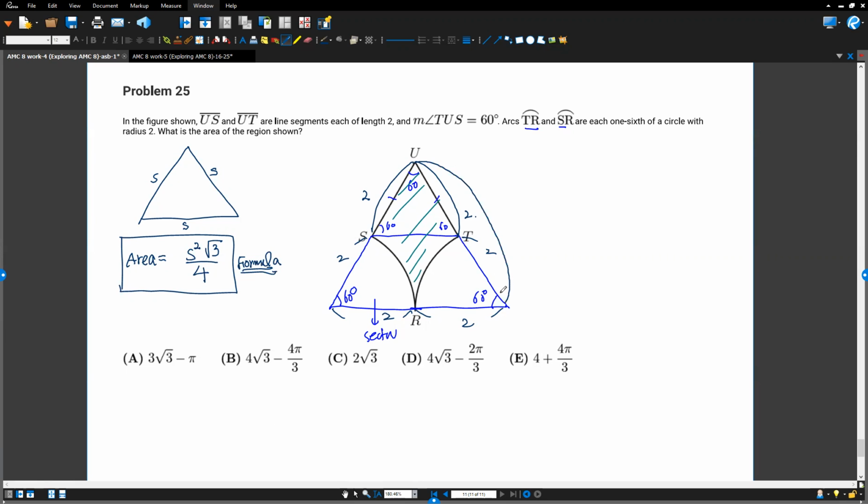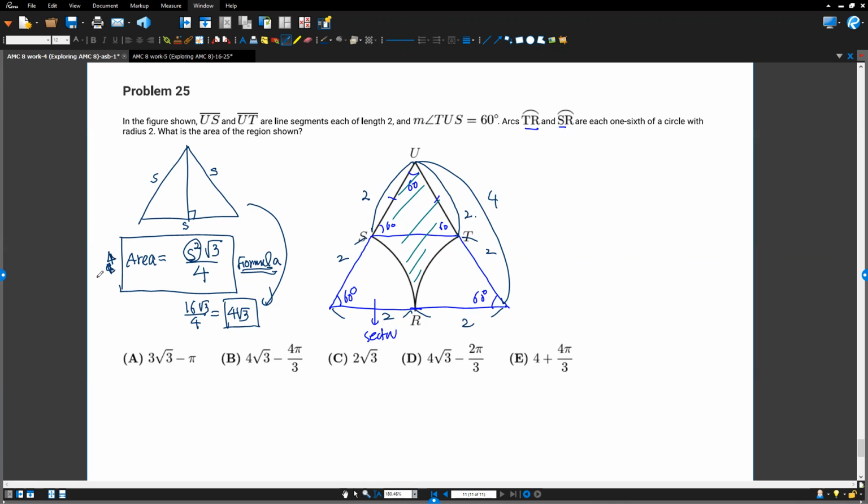At this time, this length is 4, right? Put this number 4 there. 4 times 4 is 16, root 3 over 4. Area of this large equilateral triangle is 4 root 3. You can go this way. You don't have to solve the other way. Use the formula.